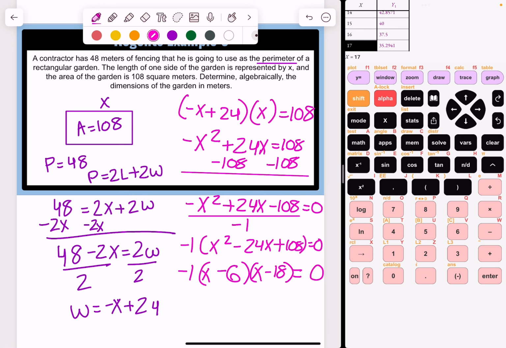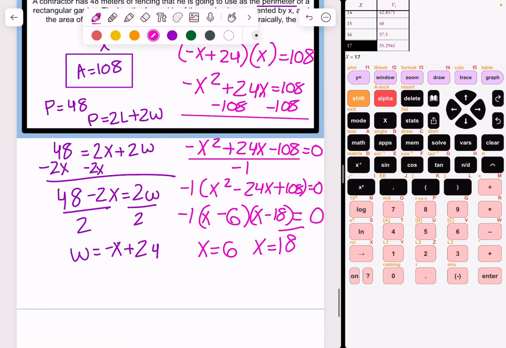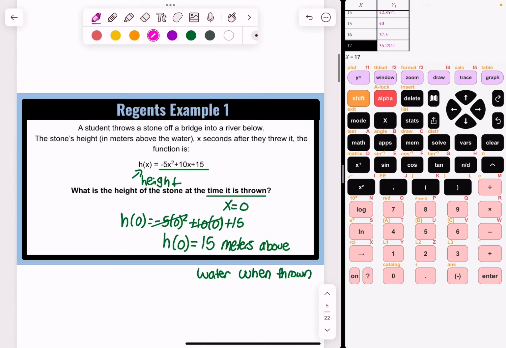So our solutions would be x equals 6 and x equals 18. So these are our two dimensions. And that wraps up our lesson on long response questions with applications.